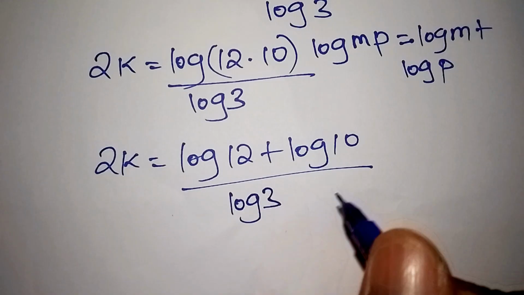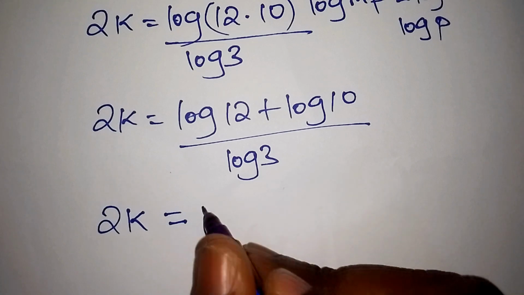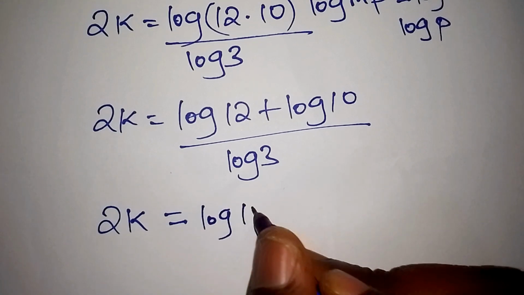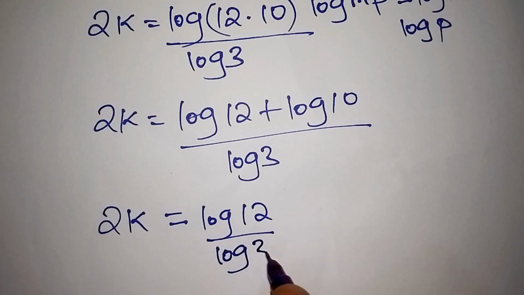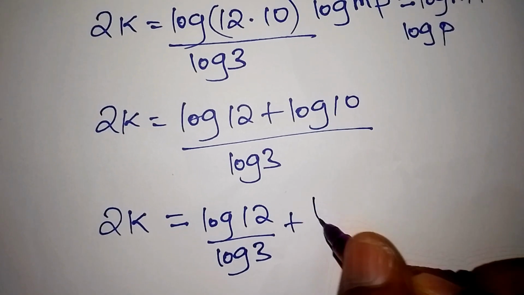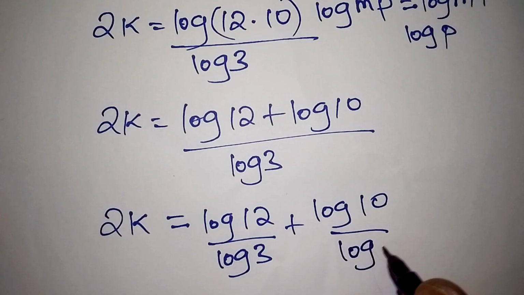We now divide both sides by the log of 3. So 2k equals the log of 12 all over the log of 3, plus the log of 10 all over the log of 3.